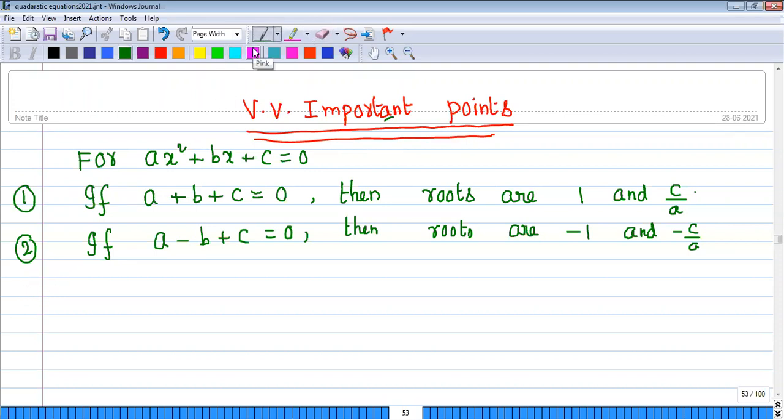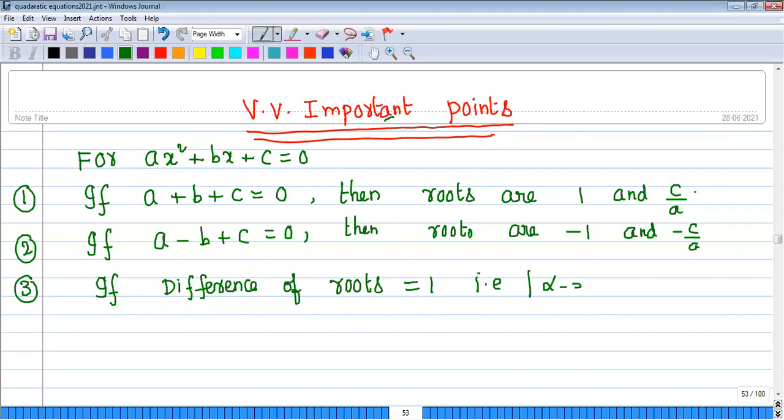In this quadratic equation only, if the difference of roots is equal to 1, that is modulus of alpha minus beta is equal to 1, then very simple, we can write delta is equal to a square.